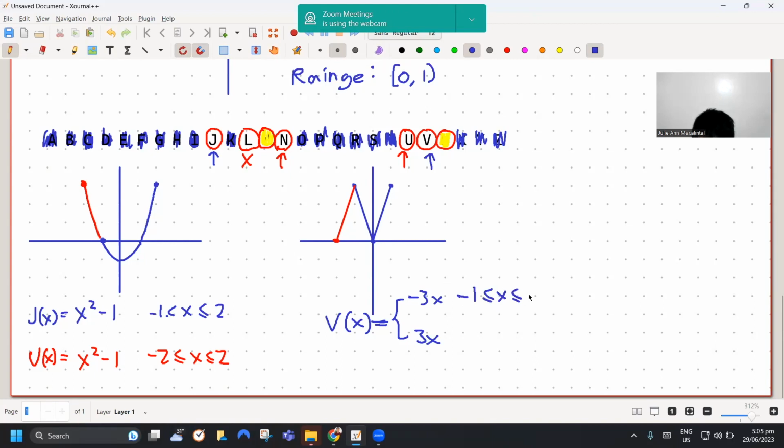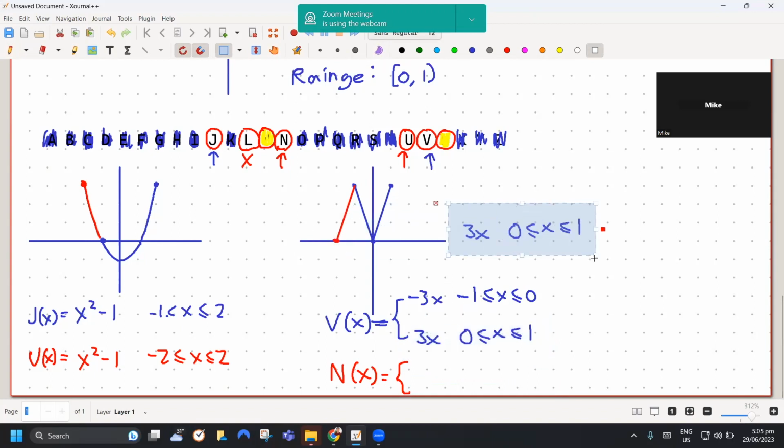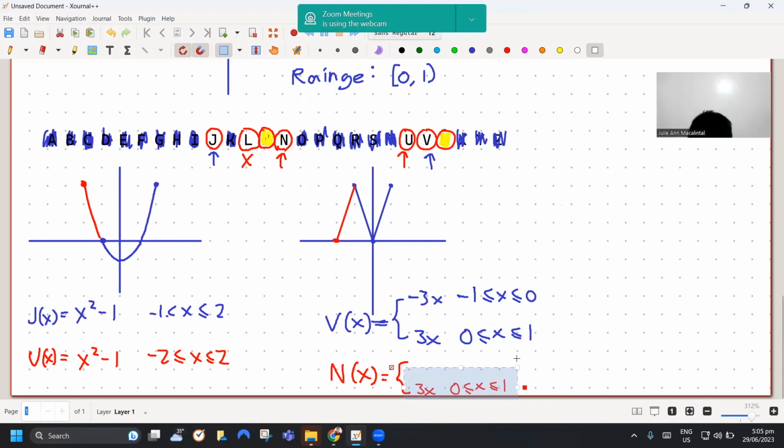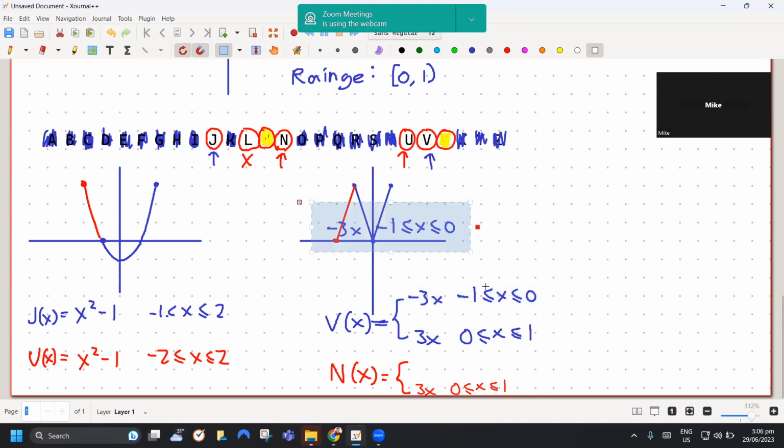And then for negative 1. Copy this. Yung V of X ilipat mo dun sa side para may space.